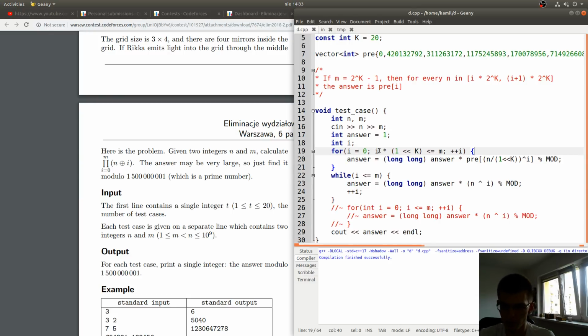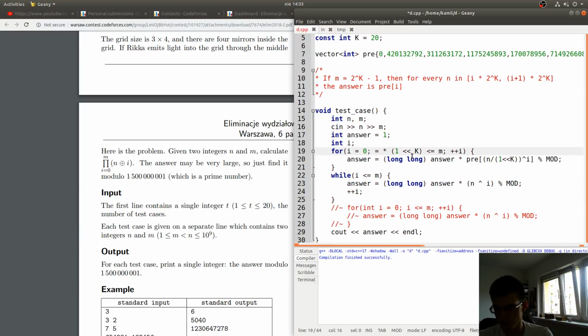But here, for I equal to 0, it will always be true. So when we start, I is equal to 0, this inequality is true. So for sure, we will multiply answer by pre of something, and that something will be 0 at first for small n.